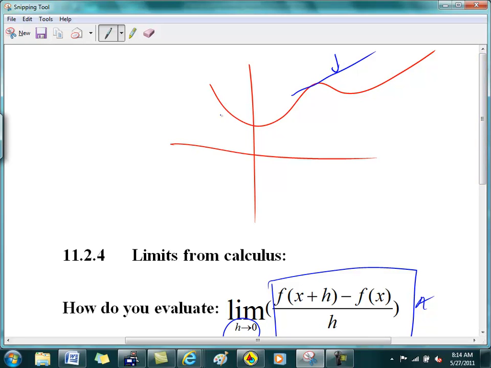And it could be anywhere. It could be here. And how about here? What's the slope of this line? 0. Nice.